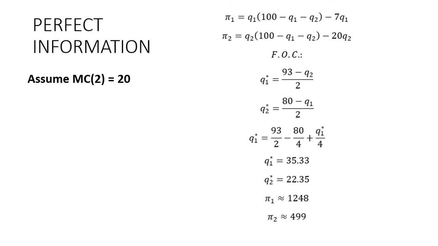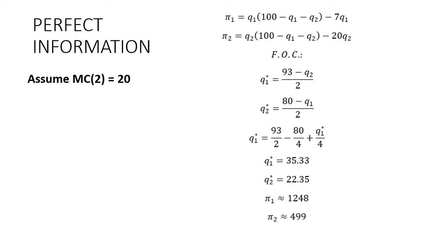And by finding the values of q1 and q2 corresponding to the intercept of best response functions, we calculate equilibrium q1 and q2. So in this case, for the first firm, the quantity of output should be equal to 35.33 in order to maximize first firm's profit, and rational second firm should produce 22.35.